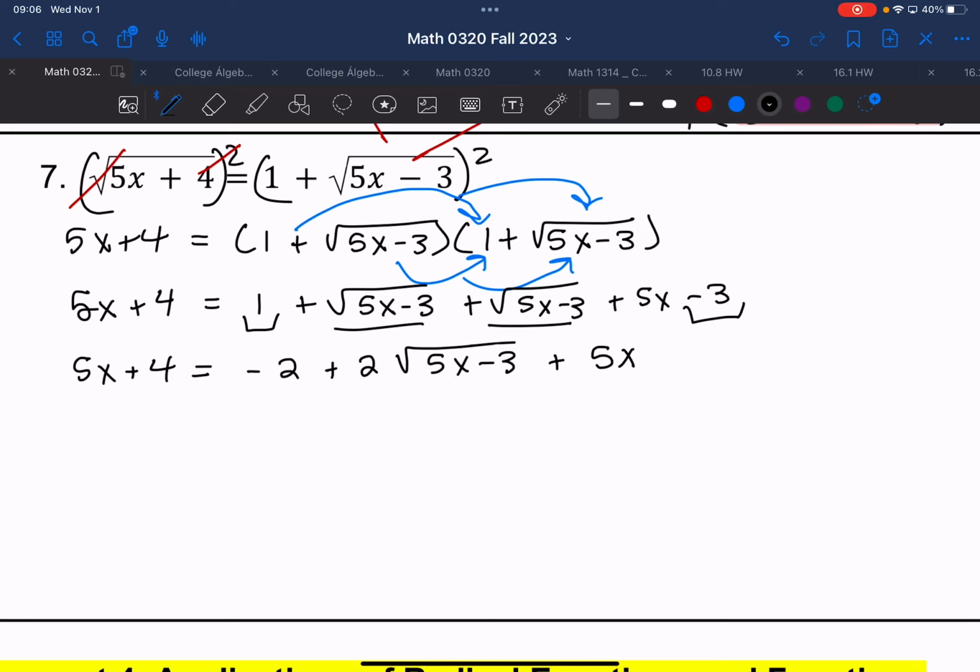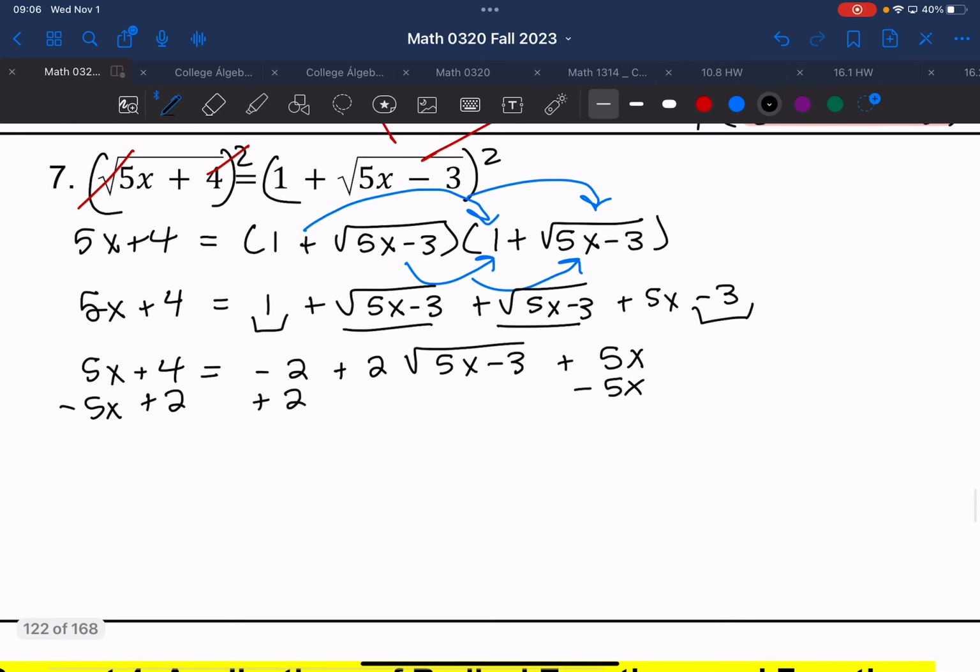Yes, so what do we need to do with that radical? We need to get it all by itself. So we're going to add the 2 over, subtract the 5x over. When we do that, what happens to the x's on the left side?